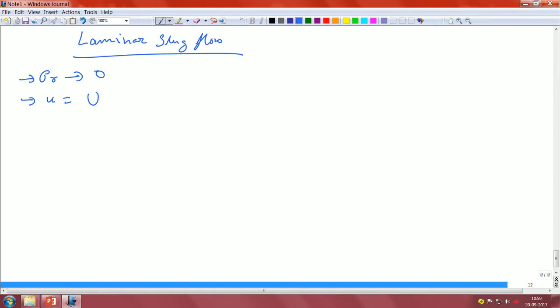Now that is not physical, right, because U is not a pipe flow profile anymore, it is just a constant, and it does not make physical sense. However, say for example you are pushing some kind of semi-solid food through a pipe, the boundary layers are so thin that it is almost like a uniform profile.